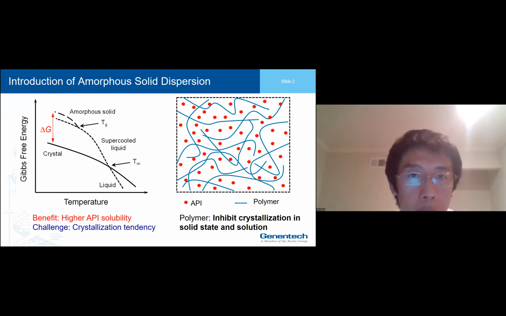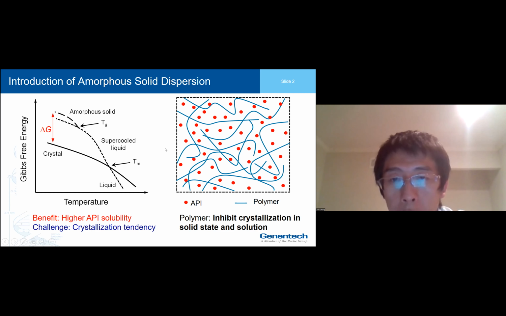So here is a brief introduction of the amorphous solid dispersion formulation, or the ASD formulation. An amorphous form of a drug can have a higher Gibbs free energy. So this is the intrinsic driving force that an amorphous solid can have a higher solubility. However, due to this higher Gibbs free energy, amorphous drug can also have the inherent tendency to crystallize.